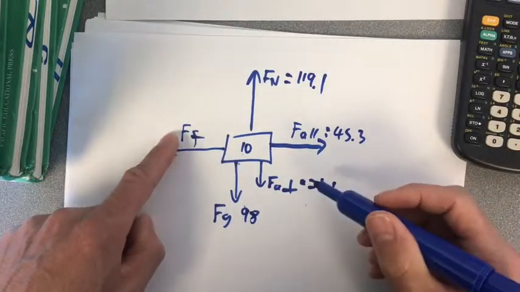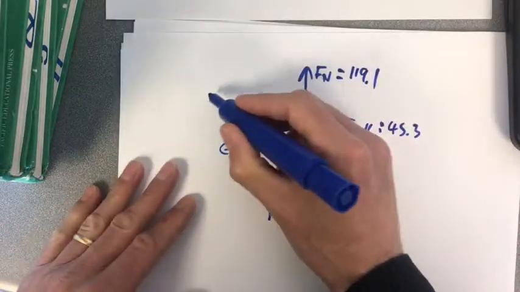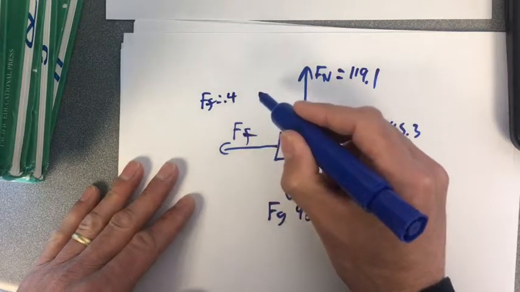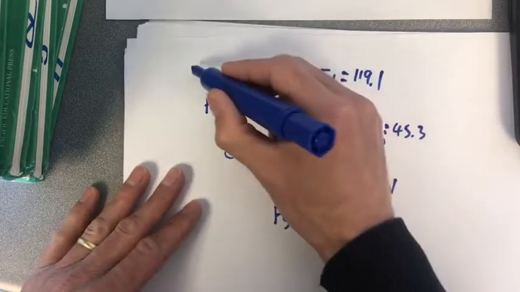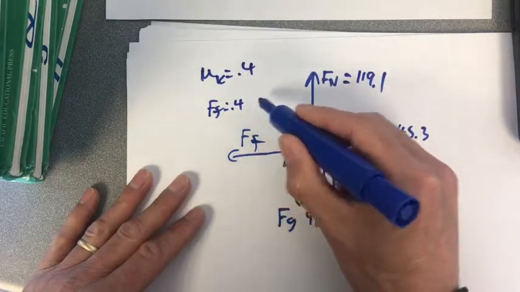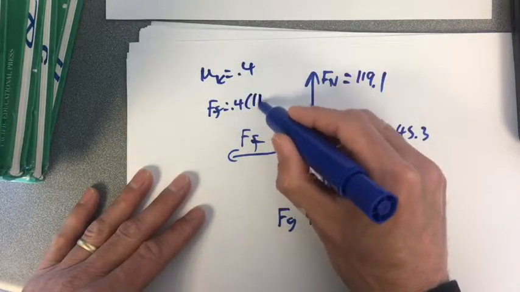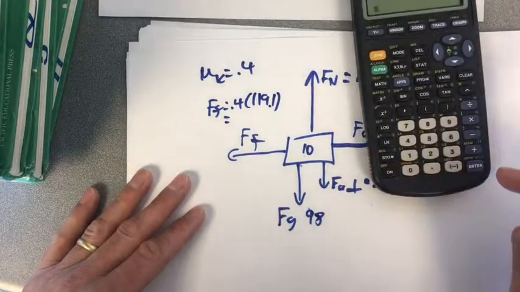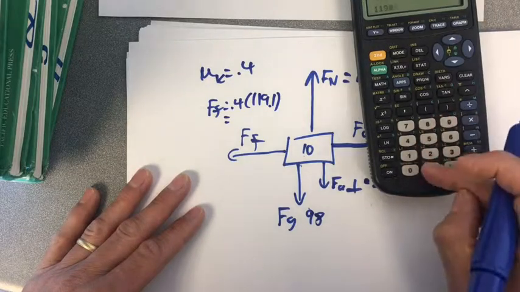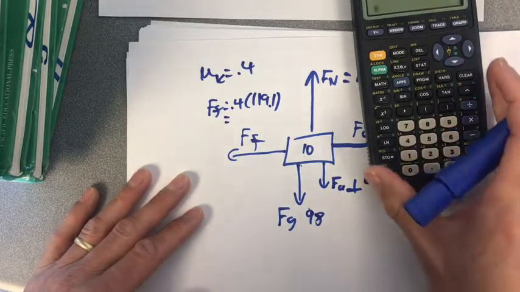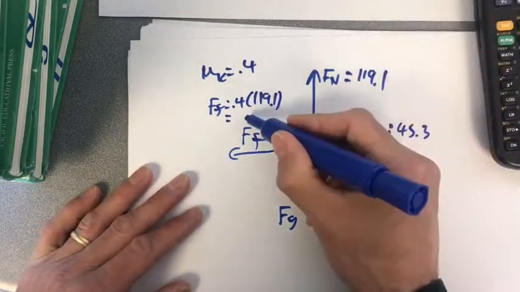Now my force of friction is 0.4 times the normal force, because remember, our coefficient of kinetic friction here was 0.4. My force of friction is 0.4 times 119.1, which is 47.64.